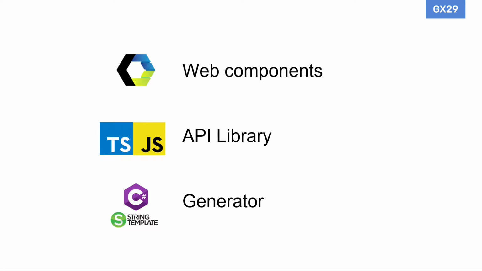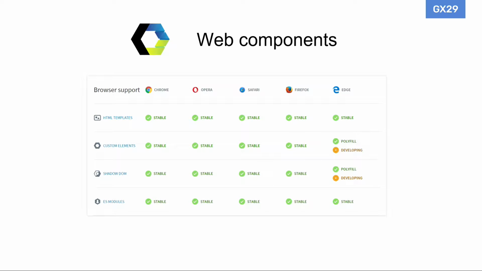The first one is web components. Every time we make a generator, in the case of each library and GeneXus, there are some common features.